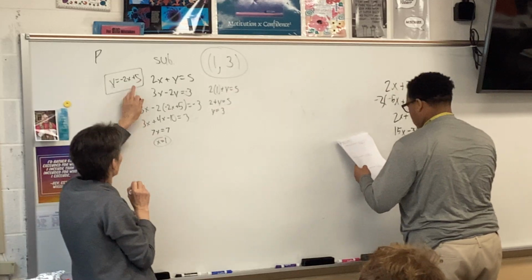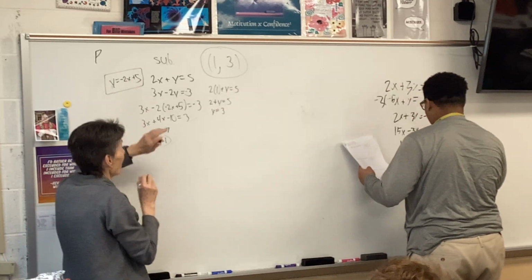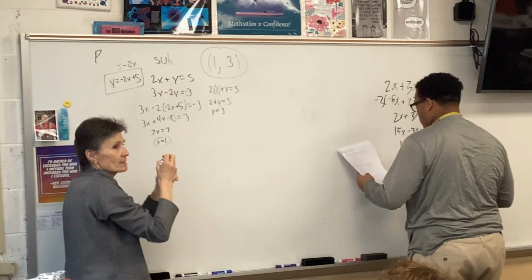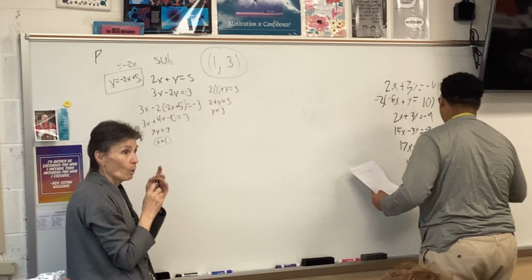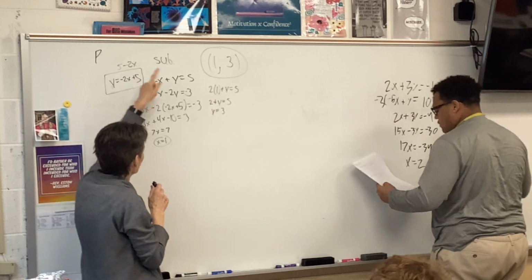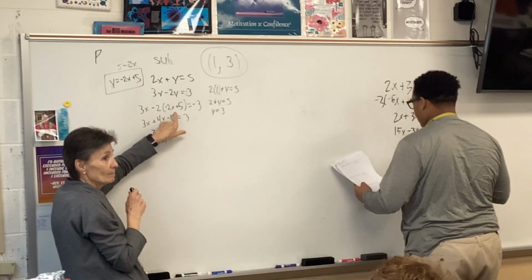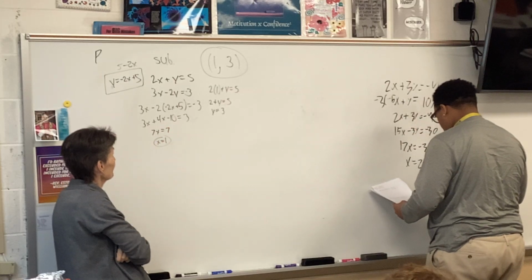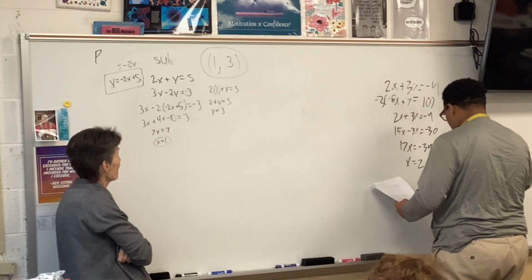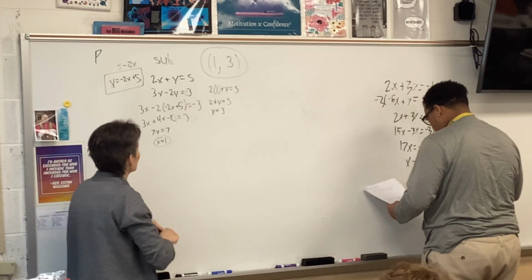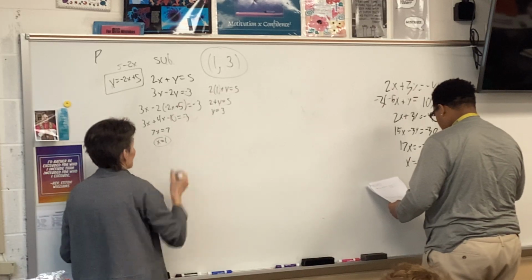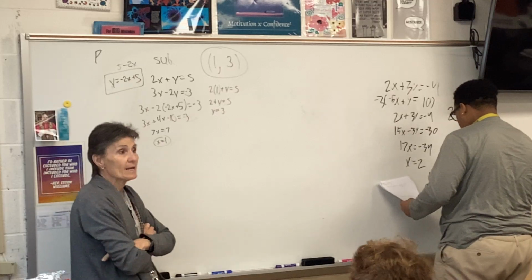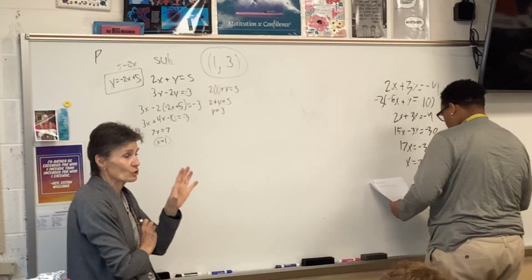So we ended up with negative 2x plus 5, or you might have said 5 minus 2x. It doesn't matter, they're both fine. Get y by itself, and then he plugged it right back in right here. And he did all of the arithmetic. Yep, nicely done. Does anyone have a question about that?